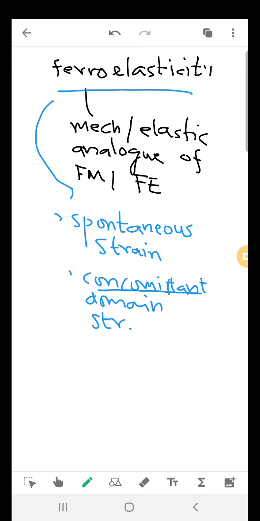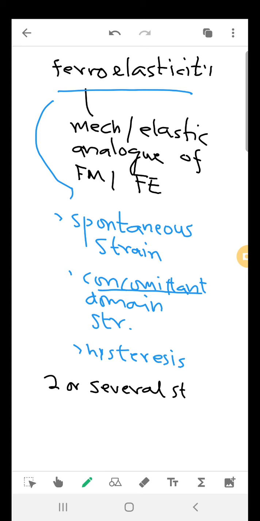Now, due to this, the hysteresis is observed when the bulk spontaneous strain is plotted as a function of applied directional stress. Ferroelastic crystal contains two or several stable states of orientation with no mechanical stress.